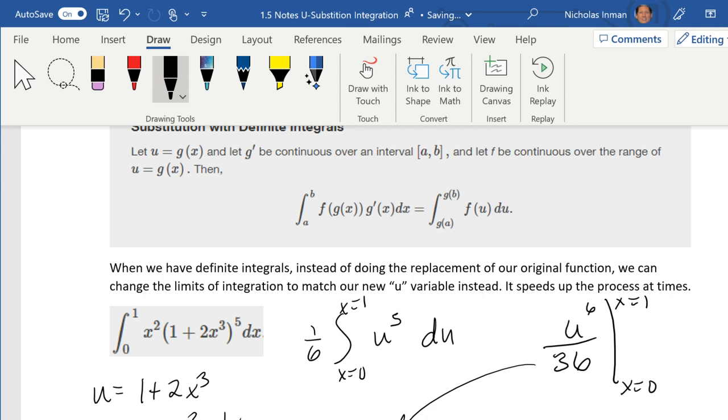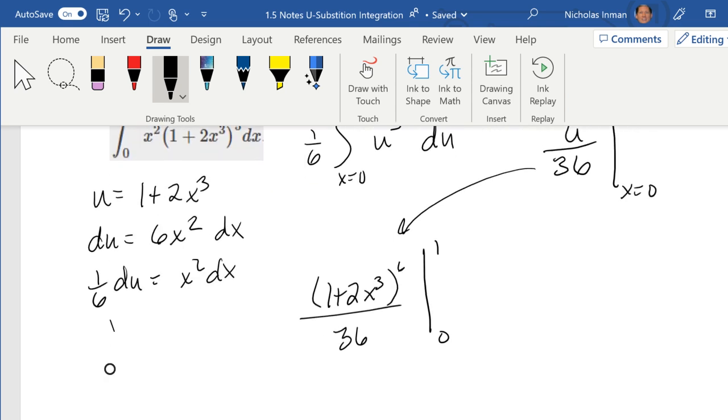Your other choice, I mean, we got to plug in 1, we got to plug in 0, right? So plug in 1, we get 1 plus 2, that's 3. 3 to the 6th power.